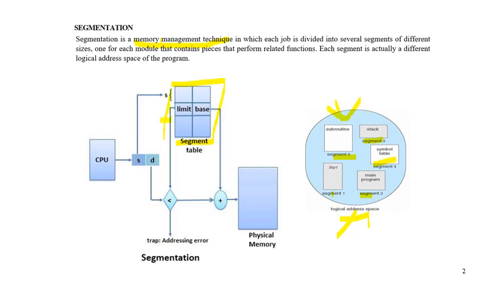So within this base and limit address only, we will be getting the data which is available. This offset should always be less than the limit, else an error will be thrown.